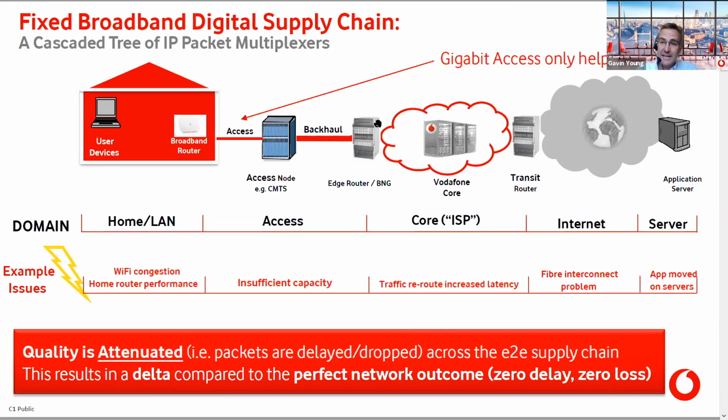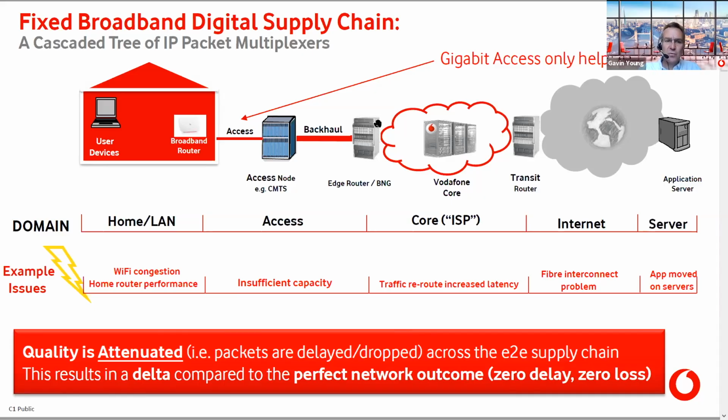They will get delayed, and some of them may get dropped. So that represents the quality of the packet delivery, that in an absolutely perfect world, the perfect network outcome would be 0 delay and 0 loss.